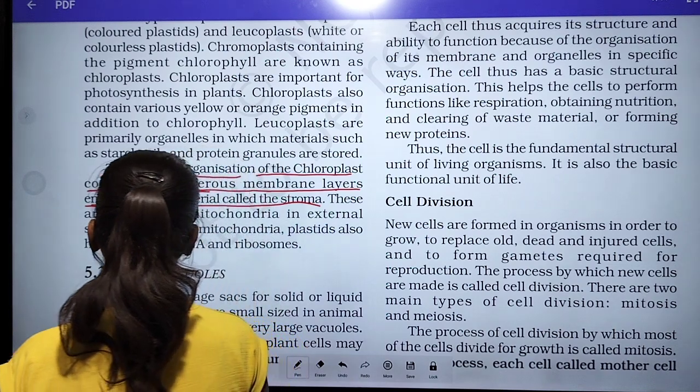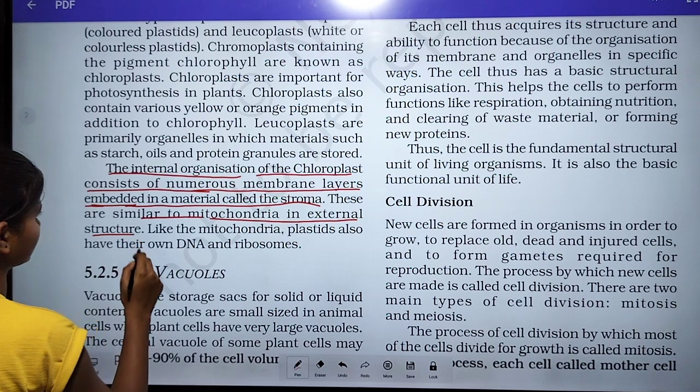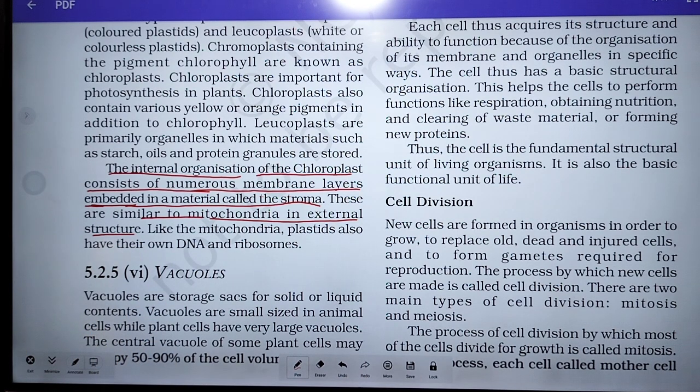Okay. These are similar to mitochondria in external structure.